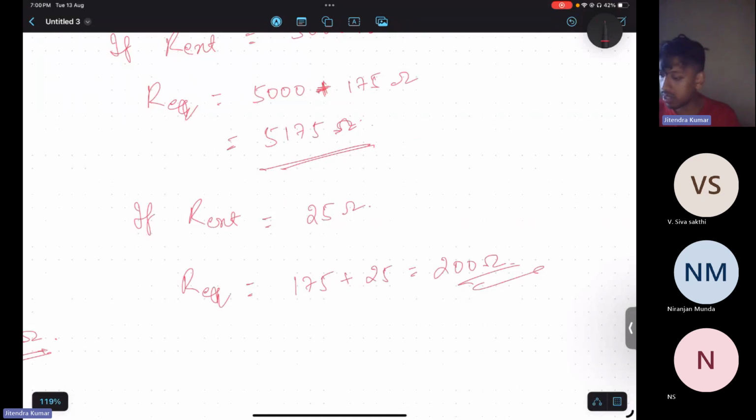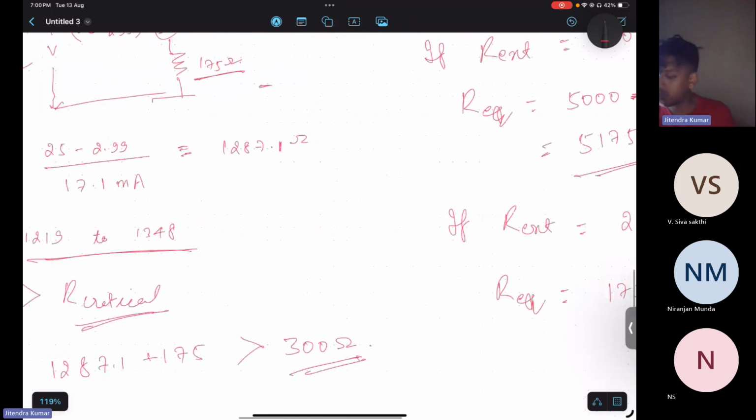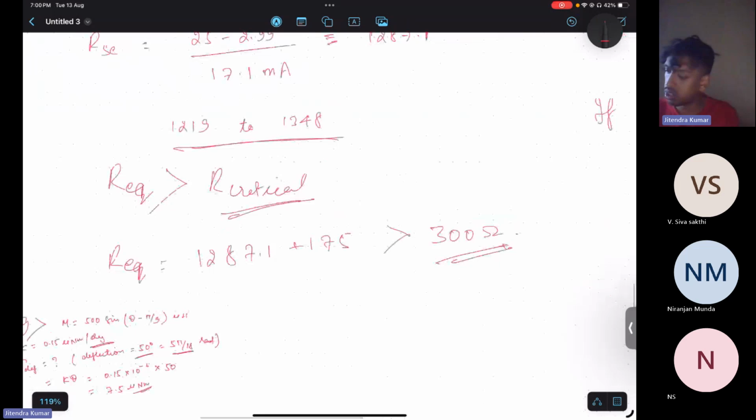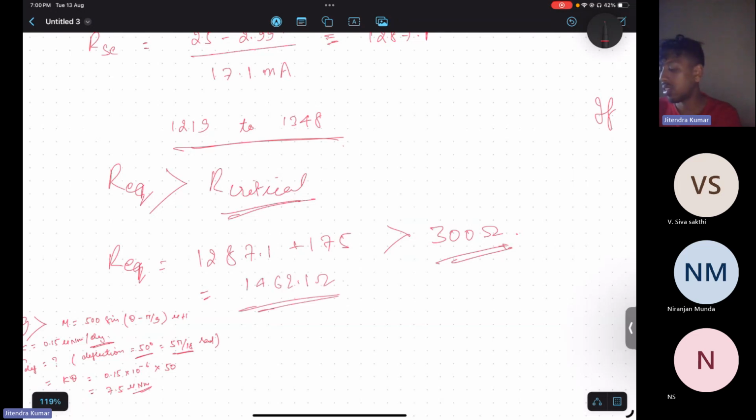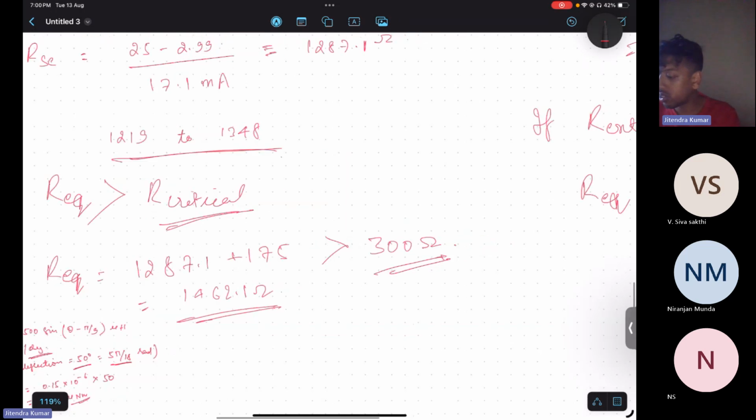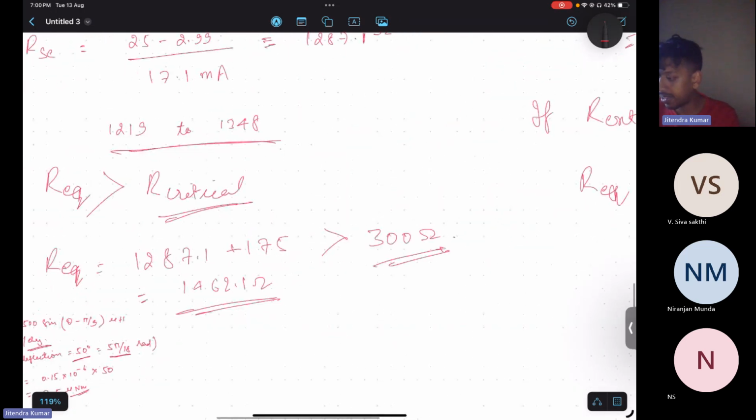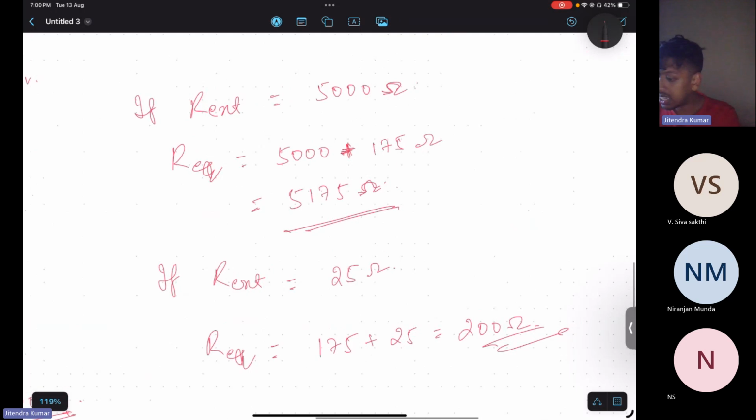And this voltmeter resistance is equal to 1287.1 plus 175, that is 1462.1.